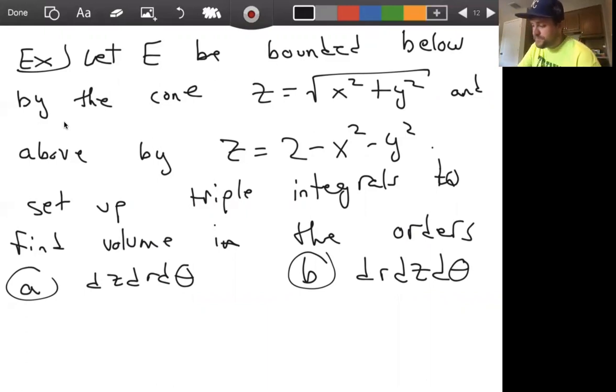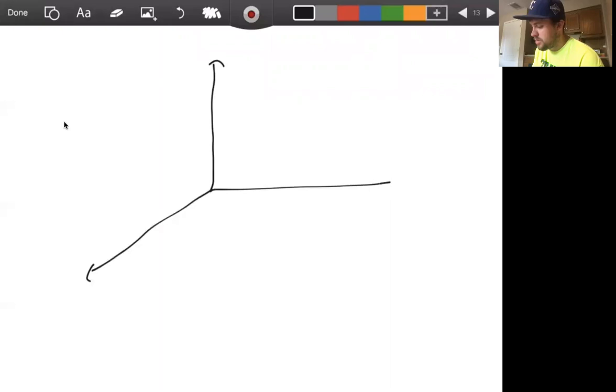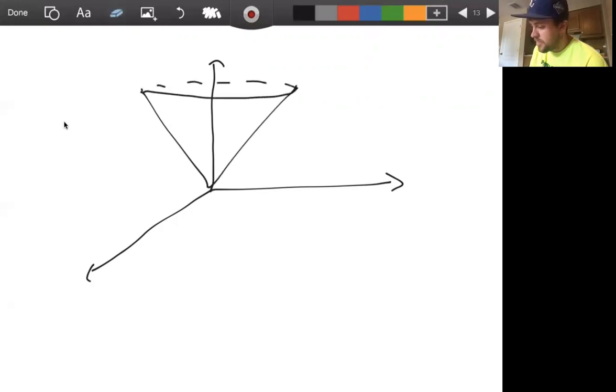We have a cone, z equals root x squared plus y squared. So the cone looks something like this. And this is what's bounding us below.